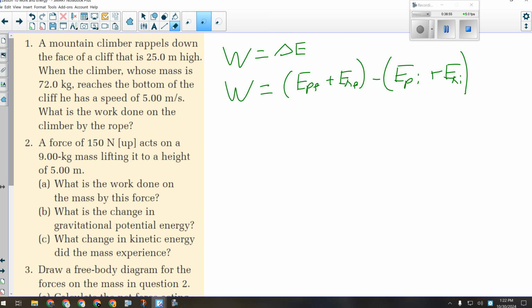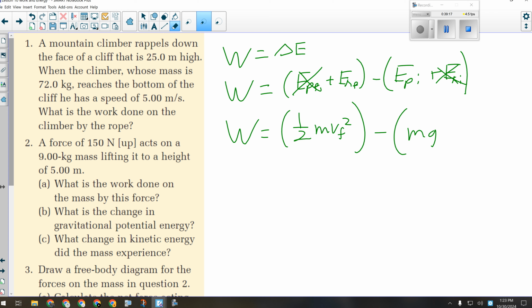None. So my initial kinetic energy is 0. What's my final potential energy? 0, because I'm at the bottom of the cliff. So now I can simplify that down to this: 1/2 m v final squared, my final mechanical energy, minus m g h initial, my initial mechanical energy. It just so happens that at the end, all of my mechanical energy is kinetic, and at the beginning, all of it is potential.